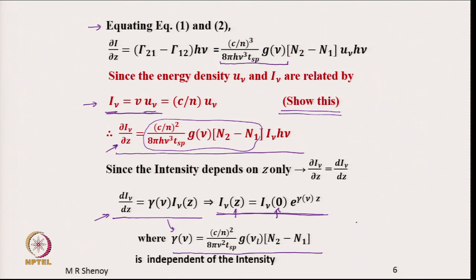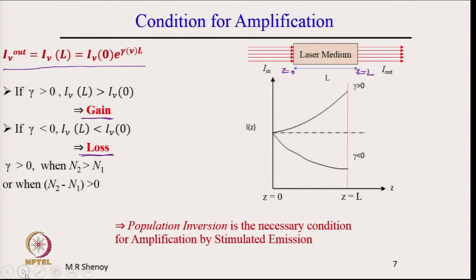So, γ would be greater than 0 if N2 is greater than N1. This is what we have discussed here, that when N2 minus N1 is greater than 0, then we have gain. So, γ is greater than 0.